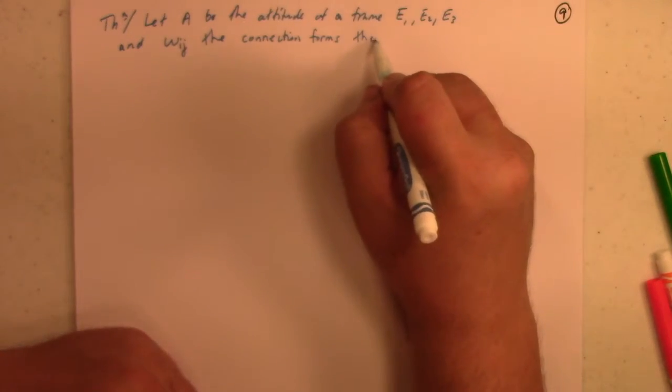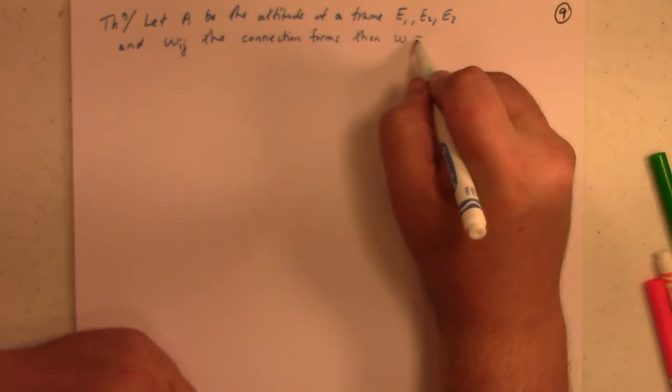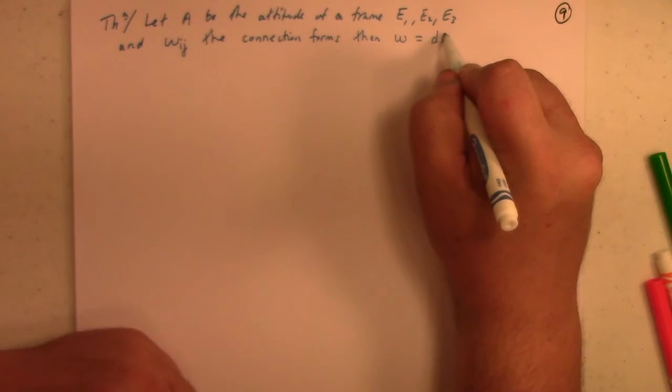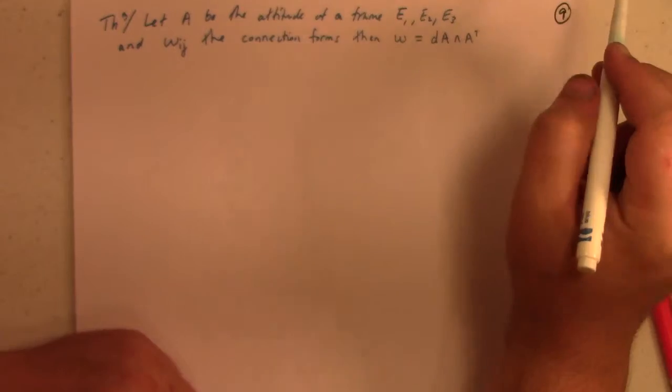Then omega is equal to the exterior derivative of the attitude matrix wedged with the transpose of the attitude matrix.